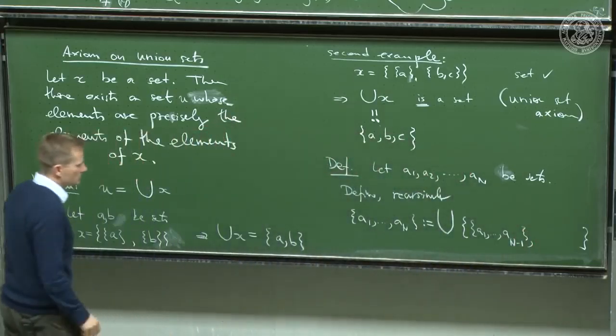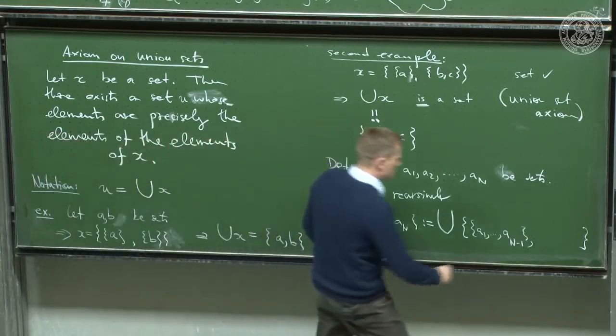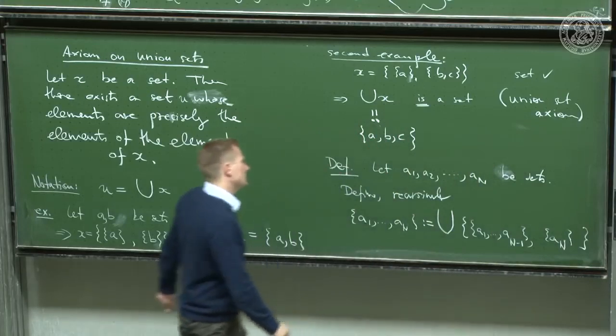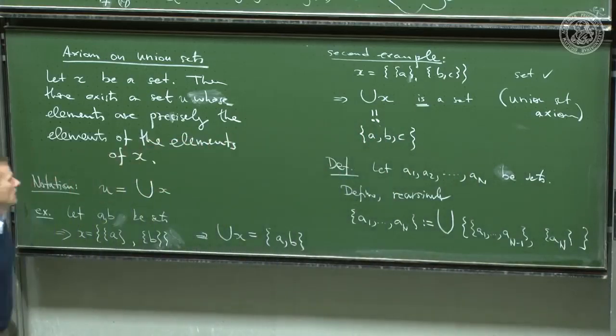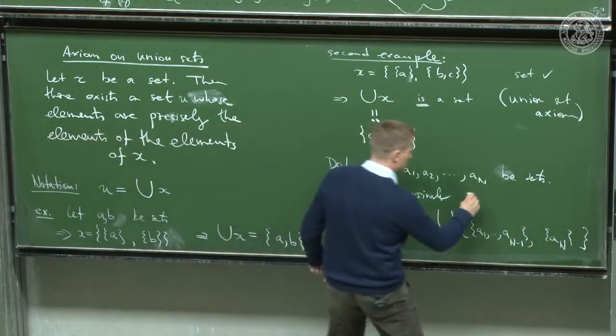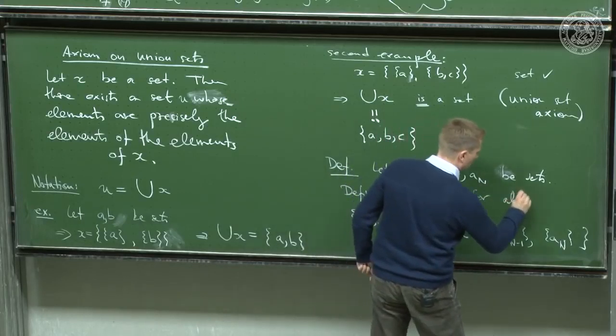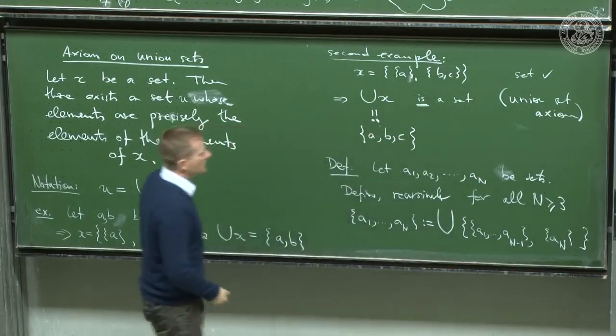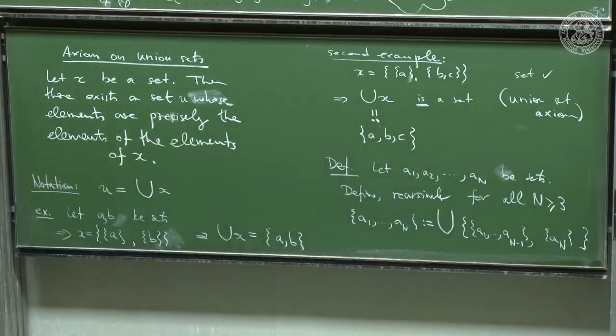You take one element away with the one-element set A_n, and you define this for all n greater or equal to 3, because for n equals 1 and n equals 2, this recursion is started by the pair set axiom.